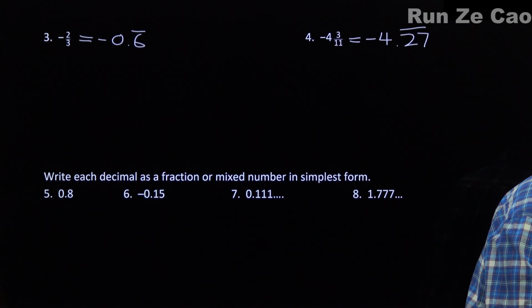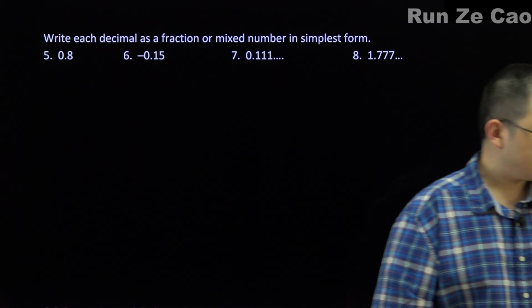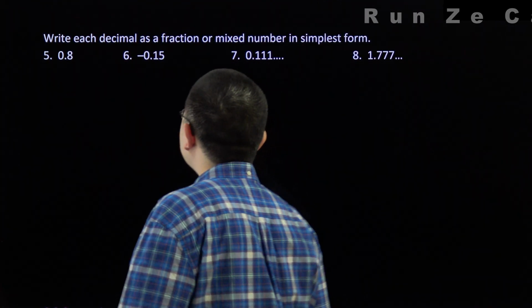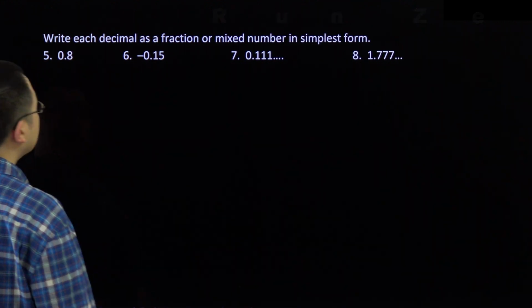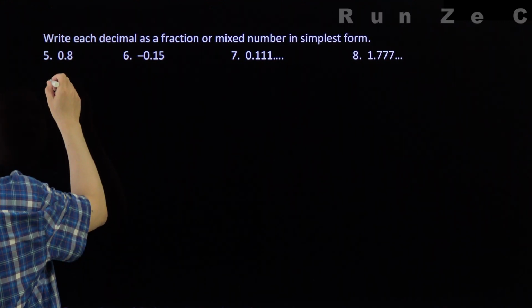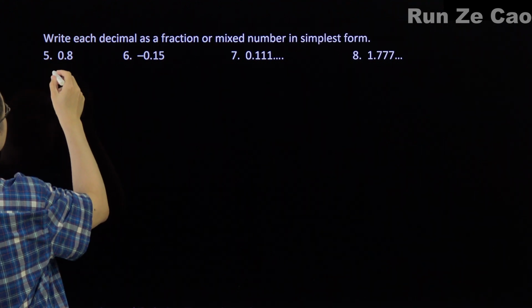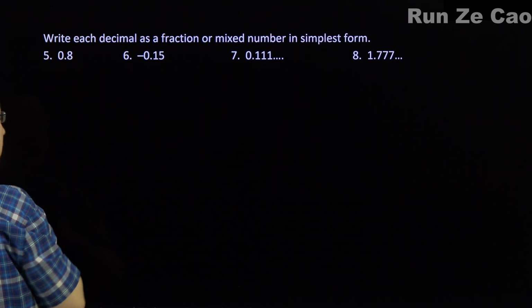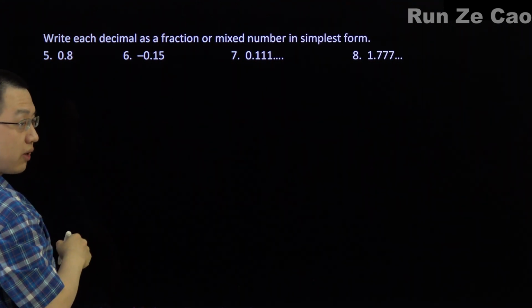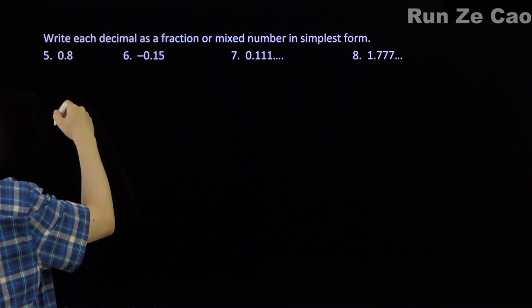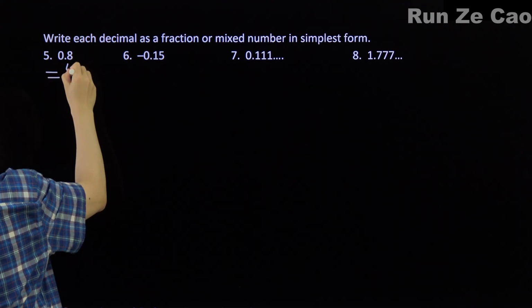Alright, let's write each of these decimals as a fraction or mixed number in simplest form. 0.8, well, we would start with, say, 8 over 10, right? Well, no, here we can just recognize it directly as, hey, this is 4 over 5.